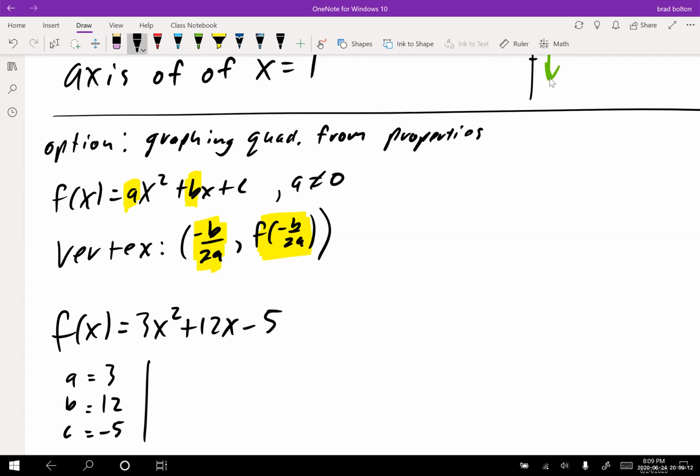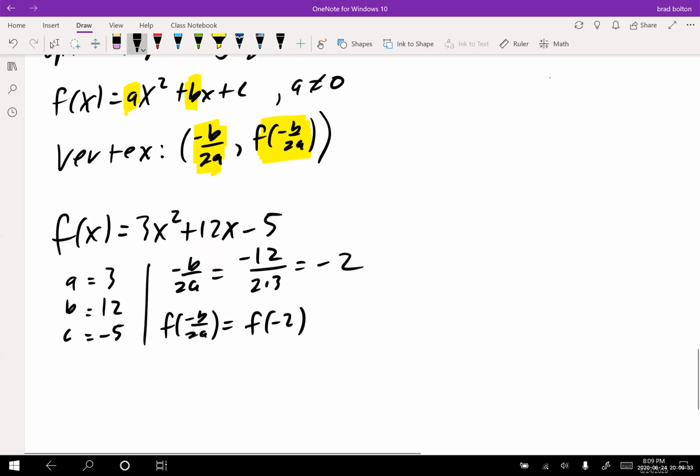So now if I want the vertex, I just need to find negative b over 2a. In this case, that would be negative 12 over 2 times 3, which would be negative 2. And then f of negative b over 2a is just f of negative 2.